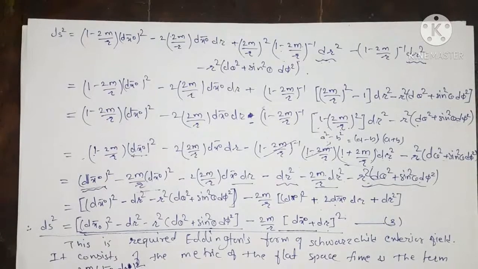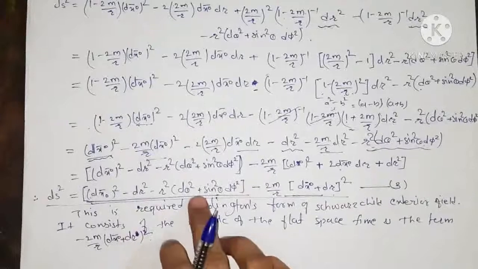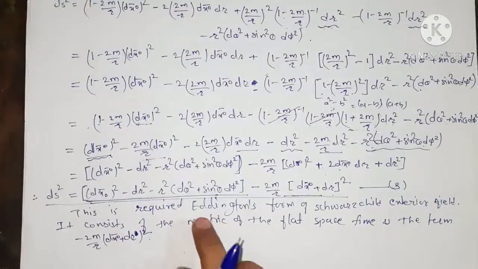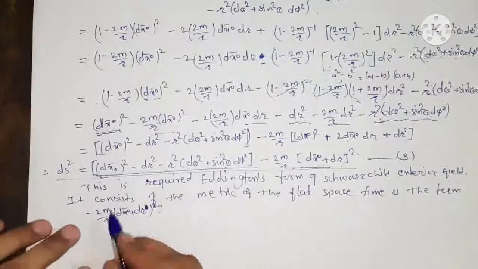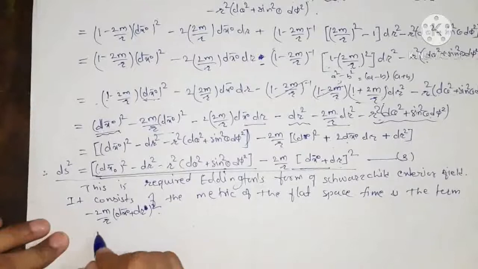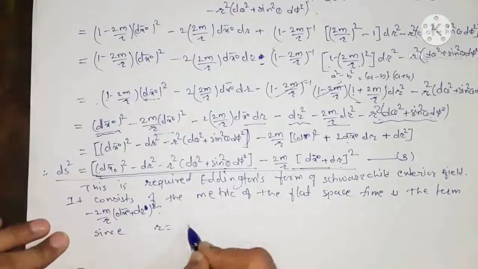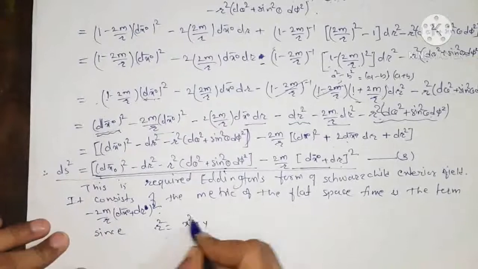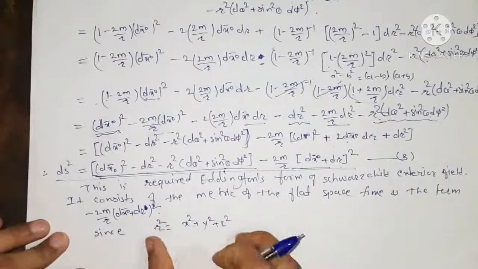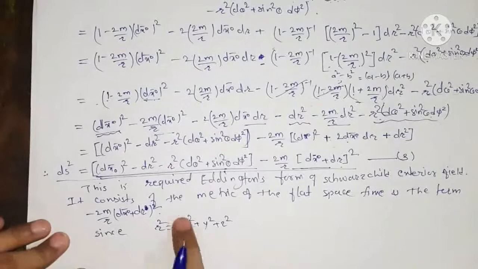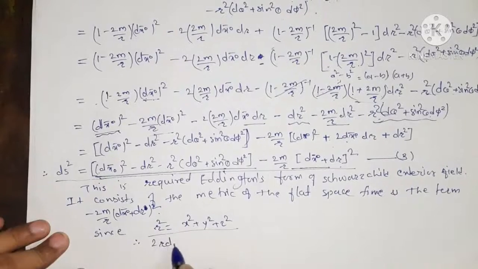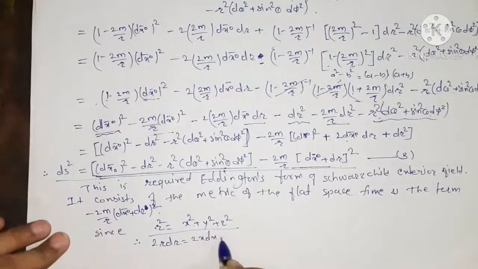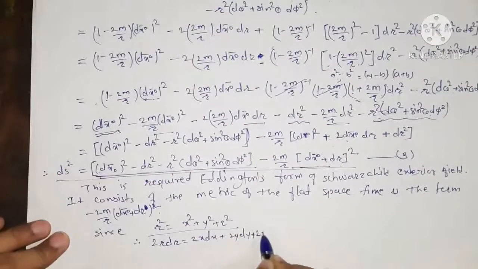Now, as this is given in polar coordinates, we can change this into xyz coordinates. For this, since r square equals x square plus y square plus z square, after differentiating we get twice r dr equals twice x dx plus 2y dy plus twice z dz.